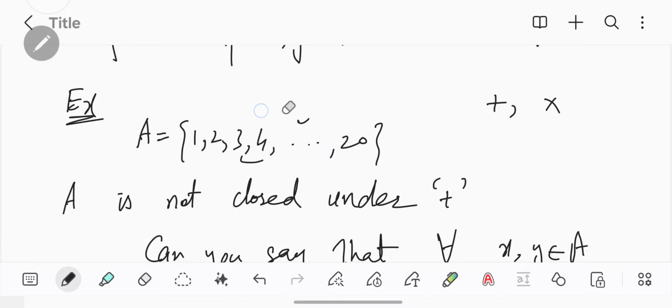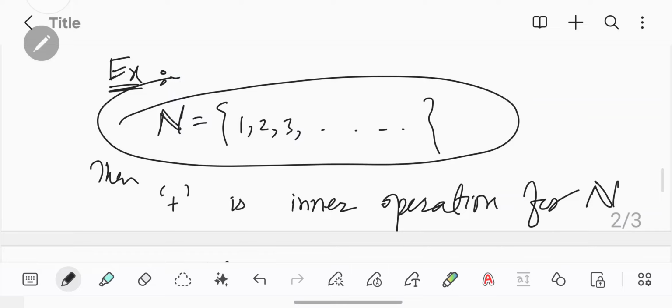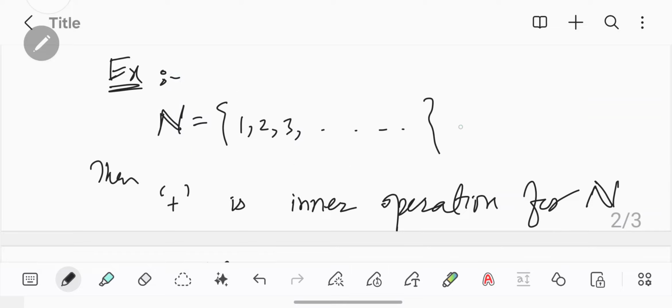This means this set is not closed under multiplication. It is not closed under addition. But if you take this set, this is a nicer set because it is closed under addition also. It is closed under multiplication also, right? So this set is a nicer structure.